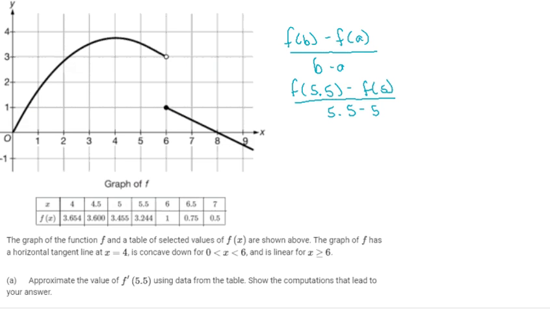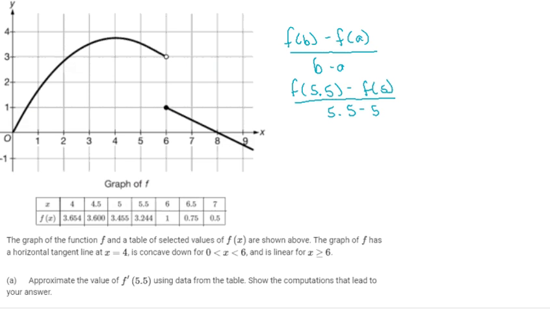5. Now, what happened on the original test is a lot of, well, this is a different question, but it's set up the same way, where the function was defined on both sides, but we had a jump discontinuity. And we had the open circle, and then it picked up with the closed circle.